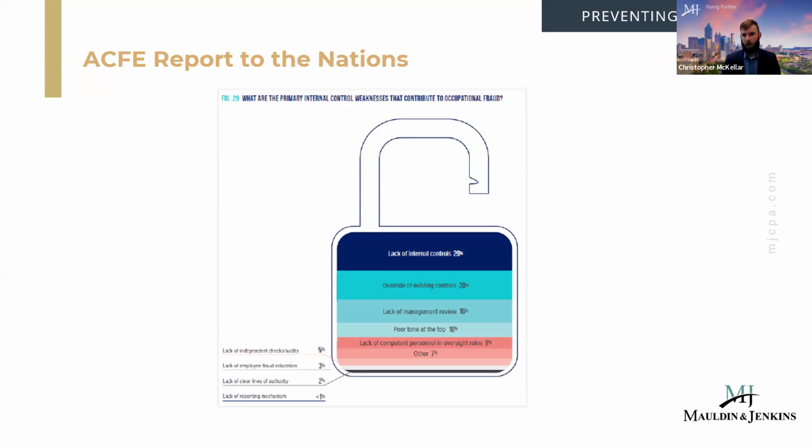And in that report, it stated that the lack of internal controls attributed to approximately 29% of occupational fraud, override of existing controls attributed to 20%, and lack of management review attributed to 16%. So as you can see, these 3 items make up over 50% of occupational fraud cases.